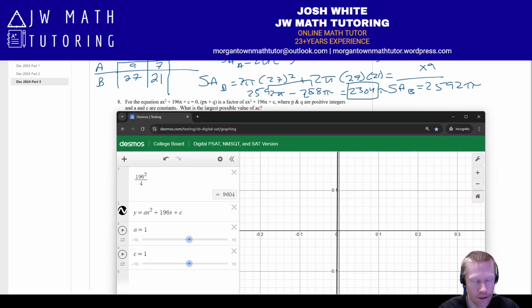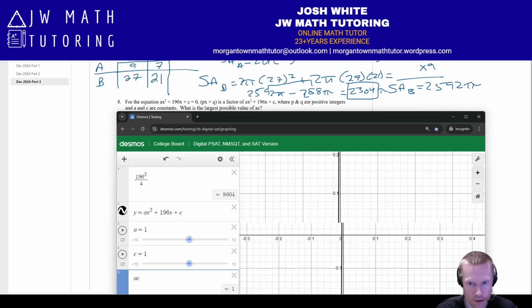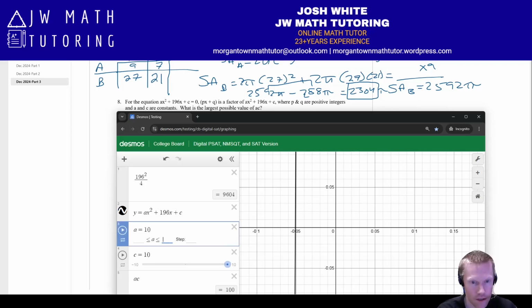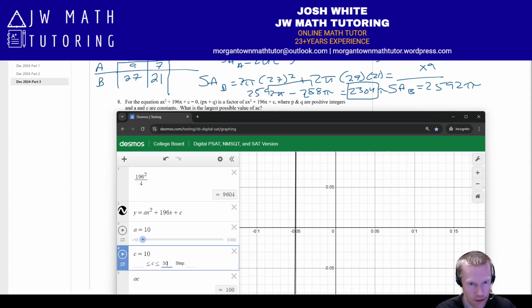Now, you could set C to whatever, set A to whatever, and then down here you have your AC value, right? So eventually what you're looking for is, and it's kind of difficult to see here, I'm just going to jump these up here, there to be no x-intercepts.